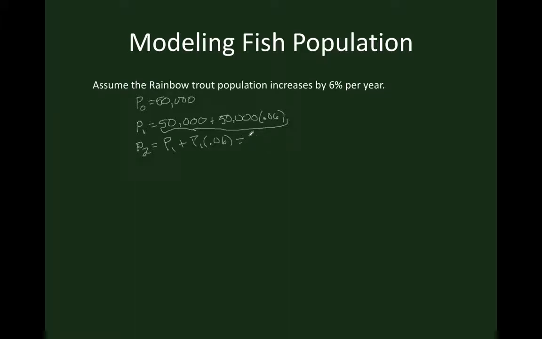And so in this case, that would be 50,000 plus 50,000, and you can probably see this is going to get complicated really quickly.